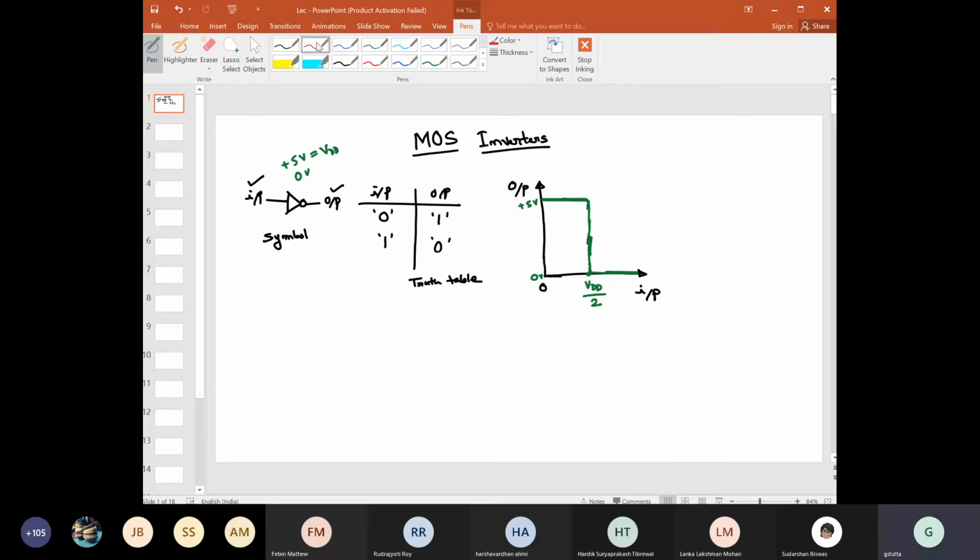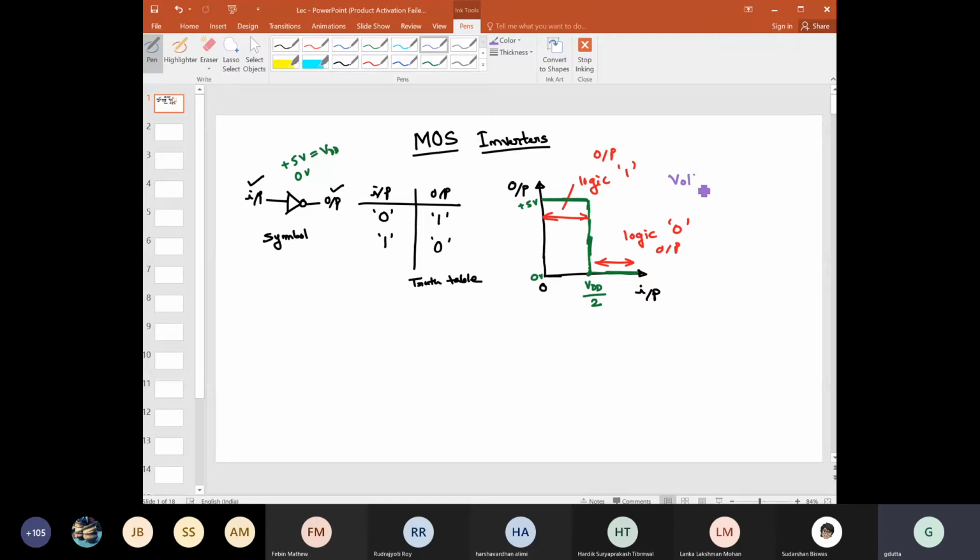So we can write from here that this is the logic 1 output, and this one is the logic 0 output, right?